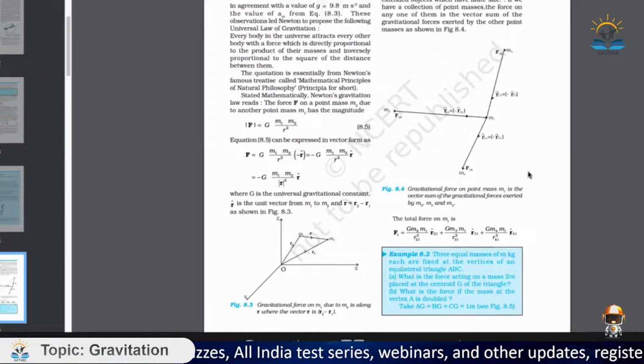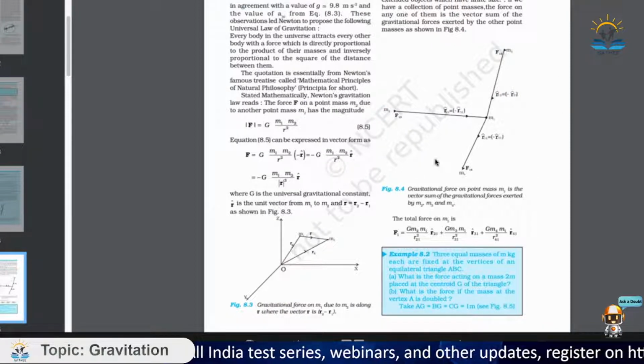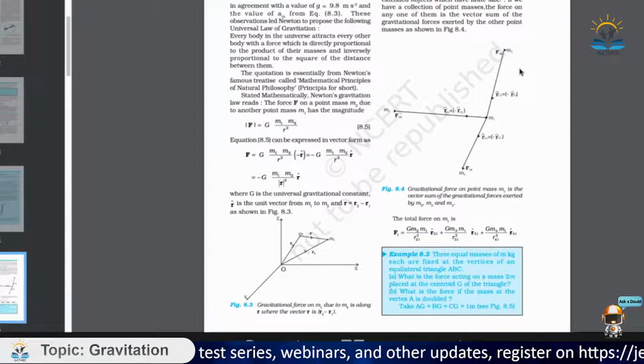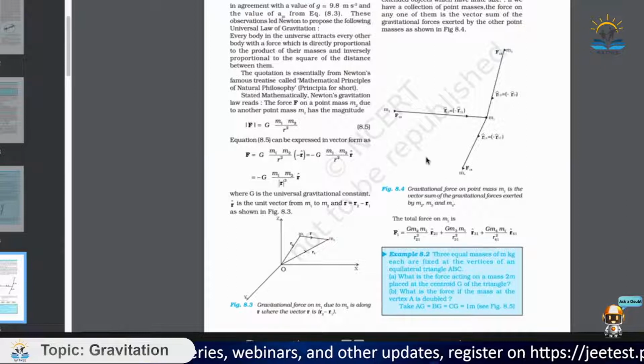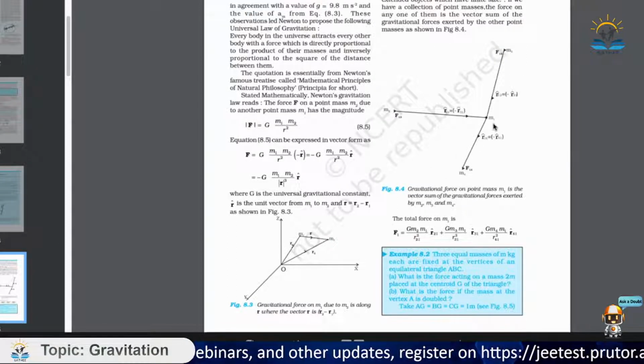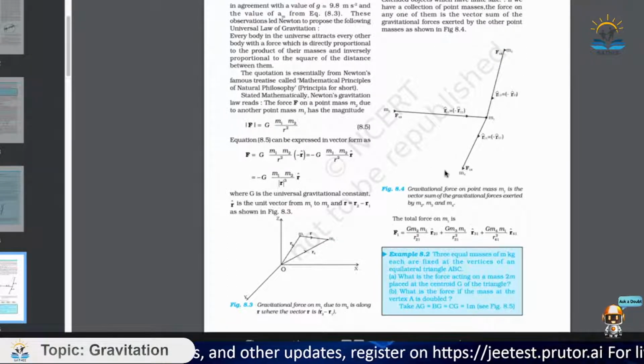Okay, now consider this system of particles where we see four different masses m1 m2 m3 and m4.